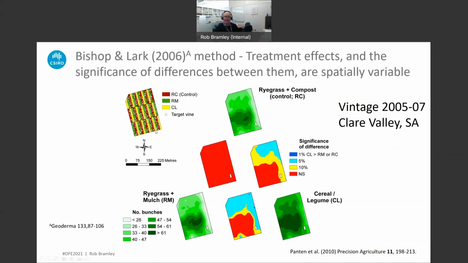So again, in this vineyard experiment, looking at floor management options, we could interpolate maps of the individual treatment effects using Bishop and Lark's method, but also now could produce maps of the statistical significance of the difference between those treatments.